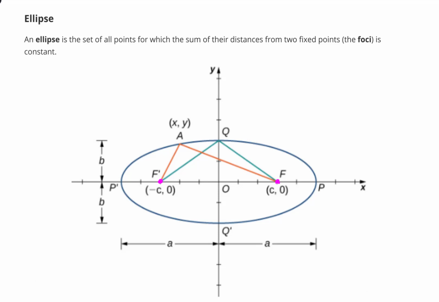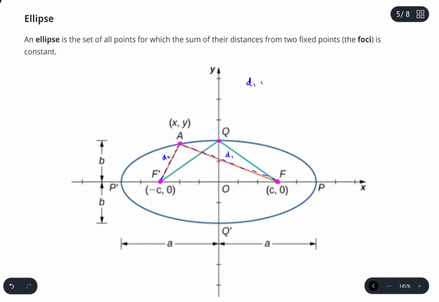Every single point on the ellipse, so here's two points, we've got A and then Q later on, we're saying that the distance from both focal points to A, I'll call these D1 and D2, remains constant.